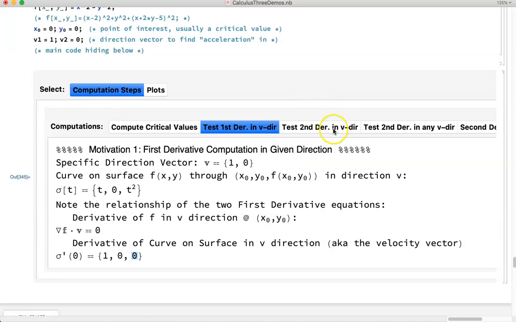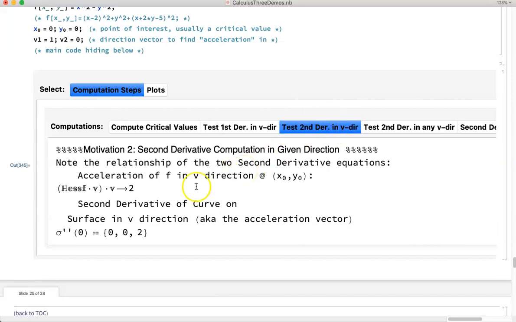What we'd like to look at now is the test of the second derivative in a direction. So what we're going to find is that if we take our Hessian matrix and multiply it by the direction vector twice, we're going to get a number. And that number has a significance. It shows up in the z entry again. And we'll see what the significance of that second directional derivative is.